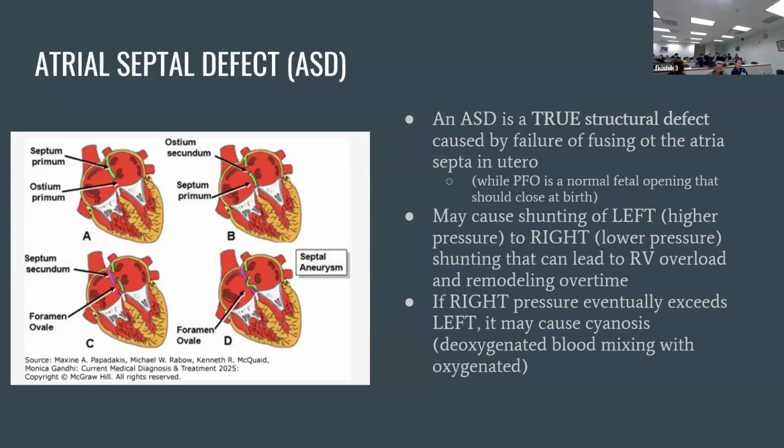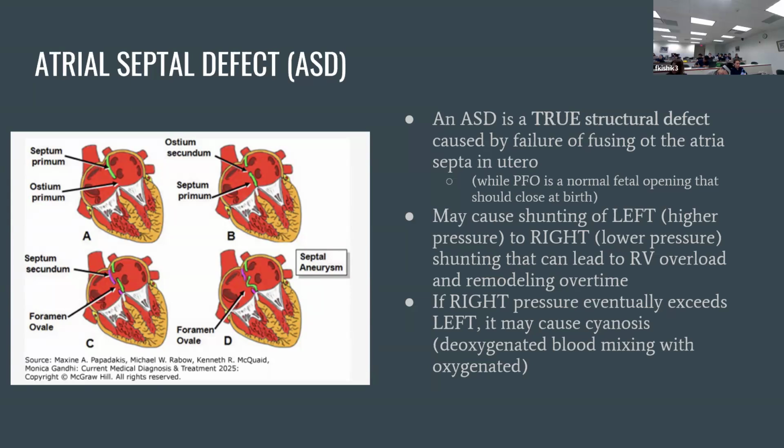So an ASD, like we said, is a true structural defect, and this is caused by failure of fusing of the atrial septa while in utero. So you can sometimes see if someone has an ASD if it's big enough in utero. This may cause shunting from the left side to the right side. That could lead to RV overload and remodeling over time.